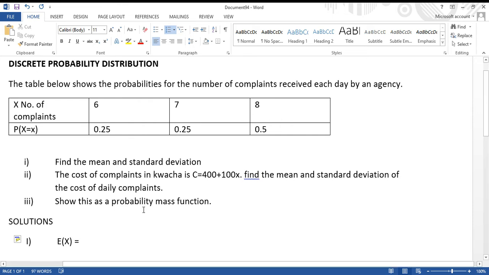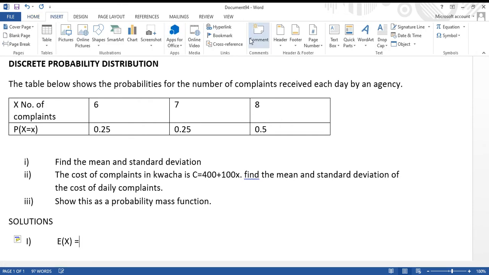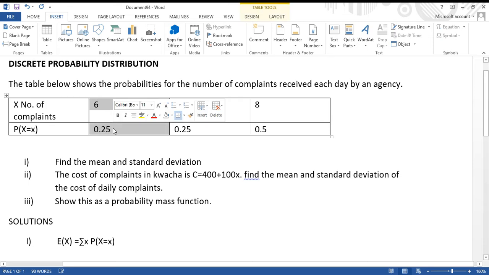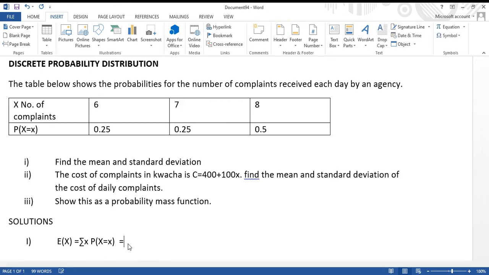Expected value for the random variable x is equal to... right. So basically, to get our expected value, each random variable we're going to multiply it with its probability. All right. So we're going to say equals.